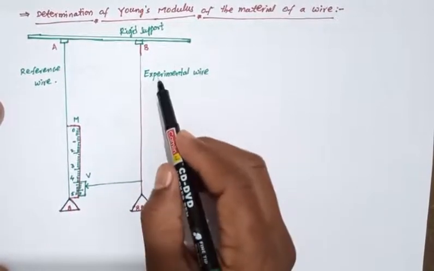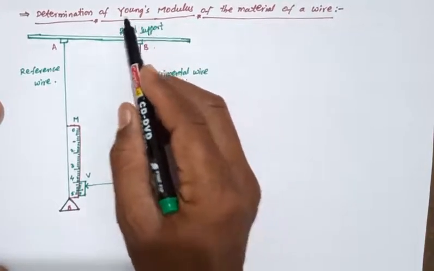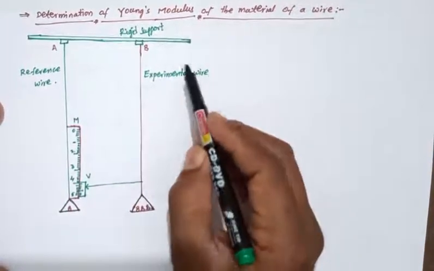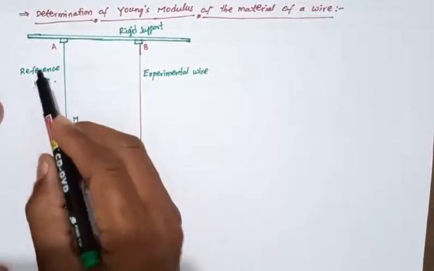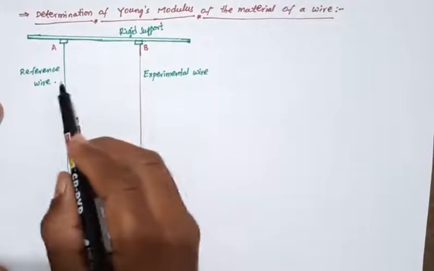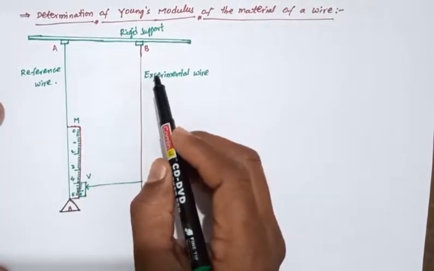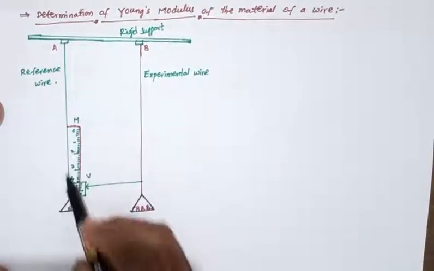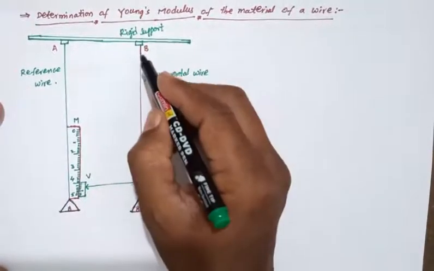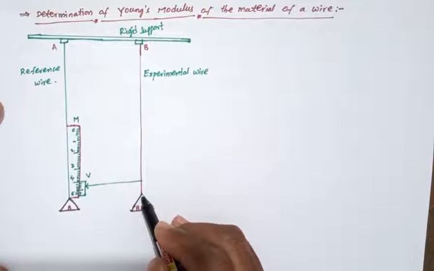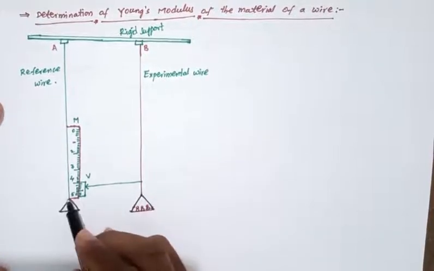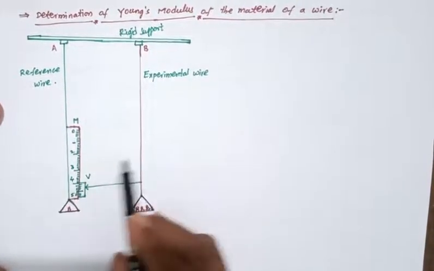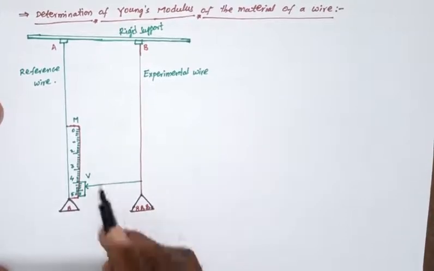So we can find out the Young's modulus of the experimental wire. The reference wire and experimental wire are of the same material, the same length, and also the same radius. Radius and length are both the same.